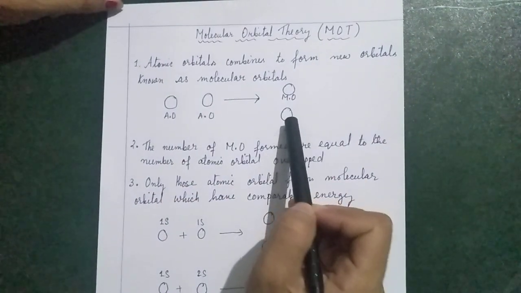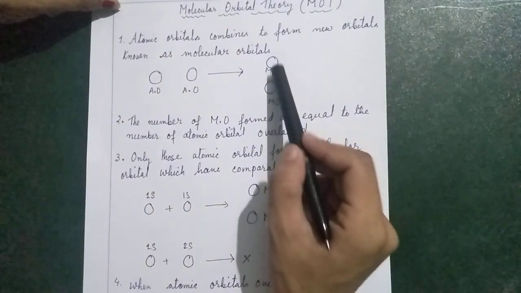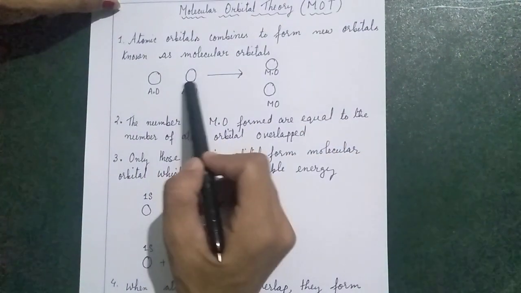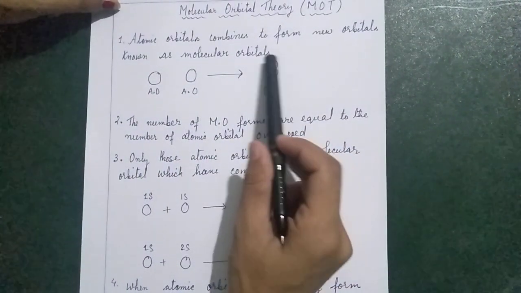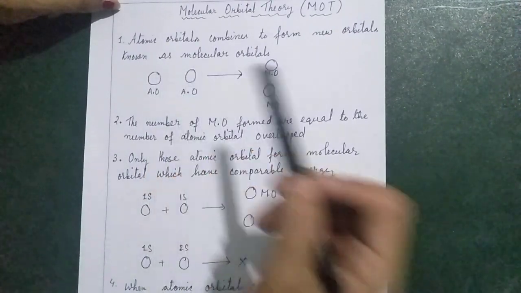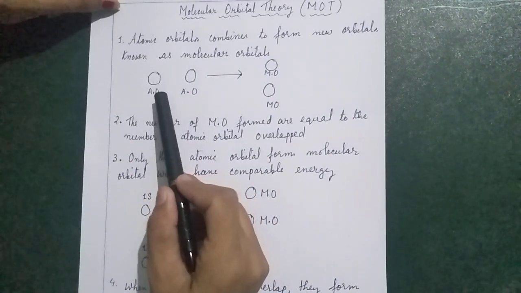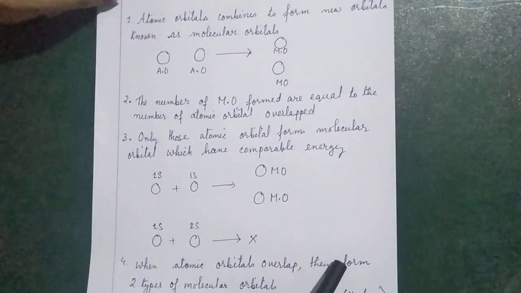Once the molecular orbital forms, their original identity will be lost. Their original atomic orbital character will be lost.